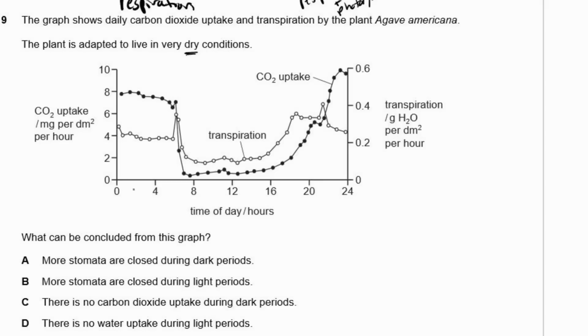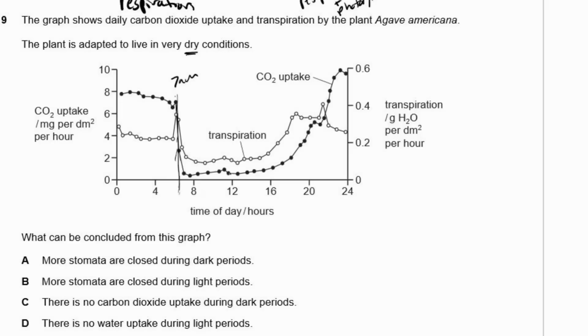So if we look at this, this is 8 a.m. Well, this is about 7 a.m. At about 7 a.m., when the light goes up, you get a lot less CO2 being taken in than at night.